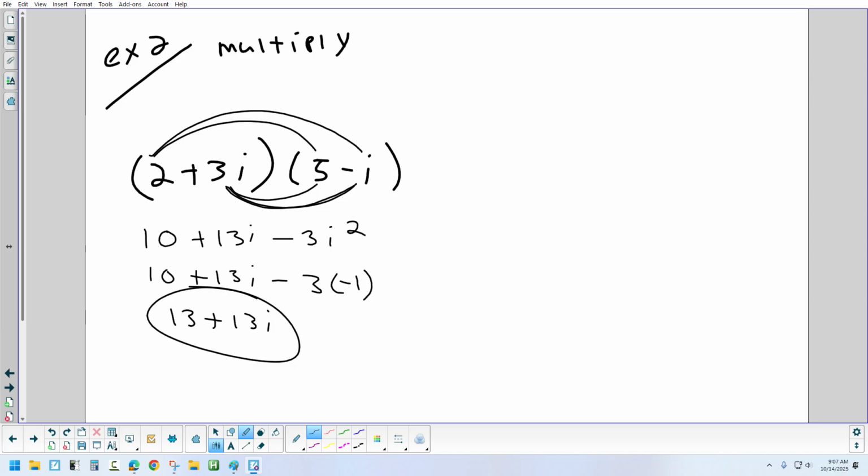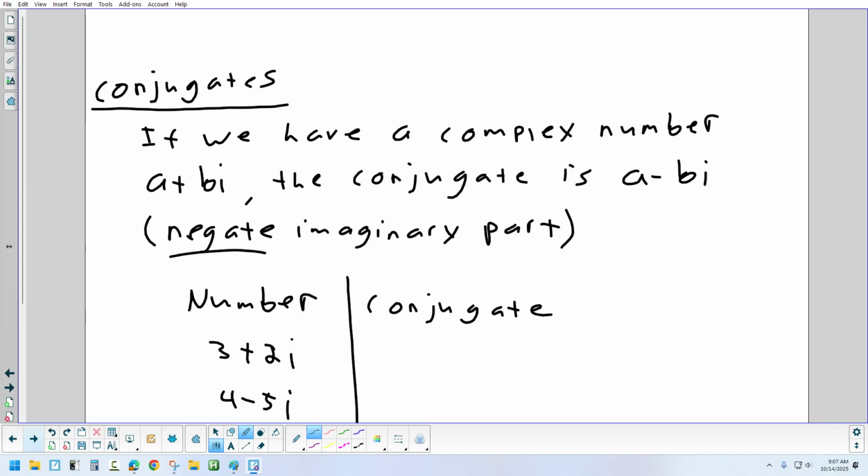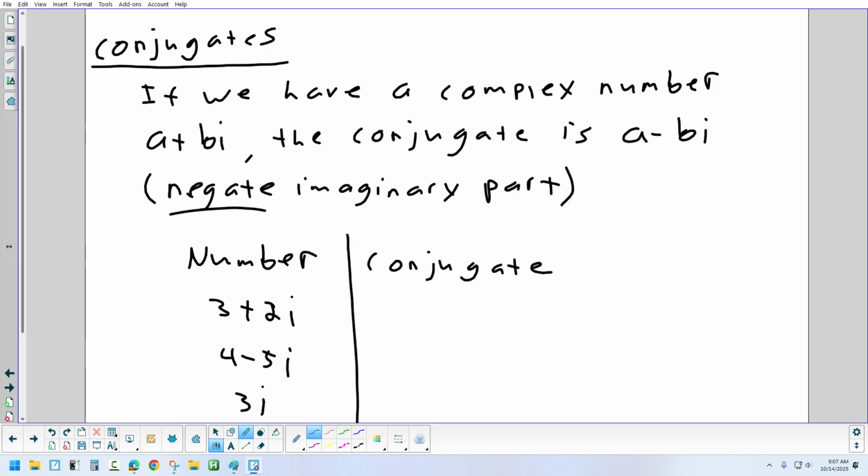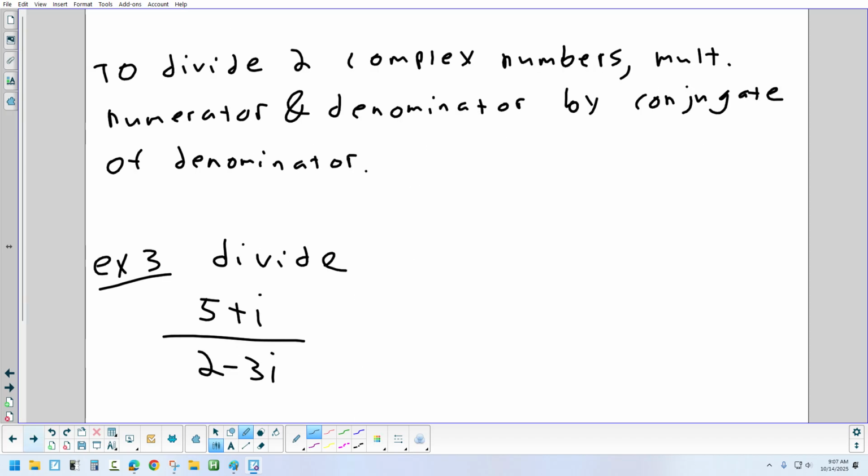Okay. Any question on multiply? Okay, again, it's not meant to be a full-blown lesson on complex arithmetic because it really is something you already did in algebra 2. Okay. And the last one is division. So in order to do division, we are not allowed to leave an i in the bottom of a fraction.